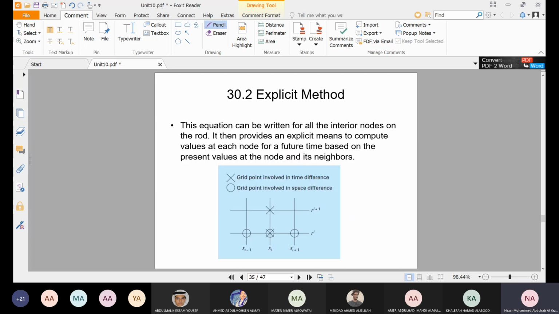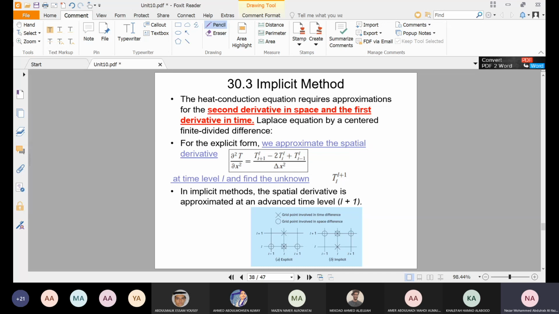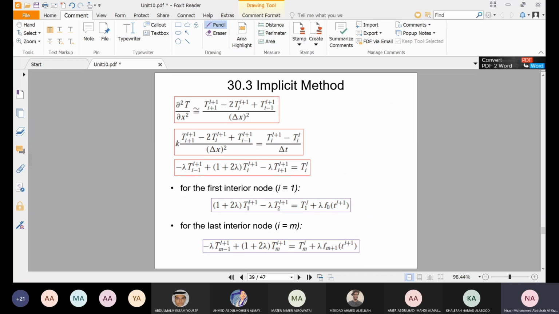So this is the difference between them and the implicit method. In the implicit method, you can see here the second derivative is used to compute the temperature at, for example, +1 by using information at the same time.